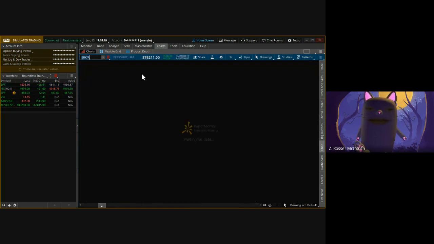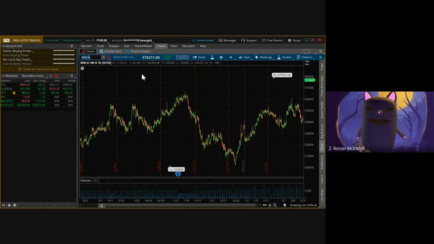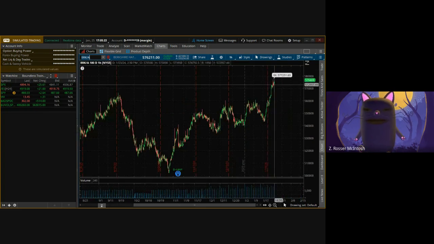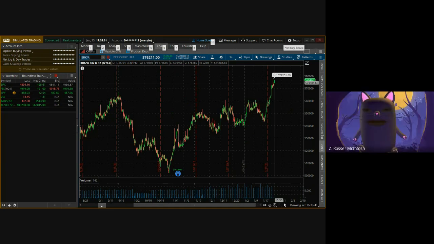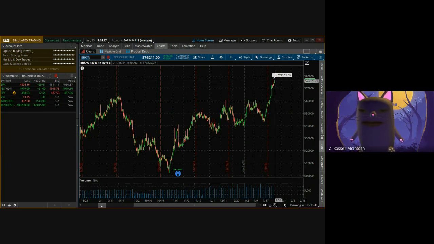Look at the price. Is that $574,388 per share? Well, you can see right now the green number on the right. That's the current price right now. So you can move the mouse out of the way, and then you see it's displaying the green number. Yep. That's what it is right now.